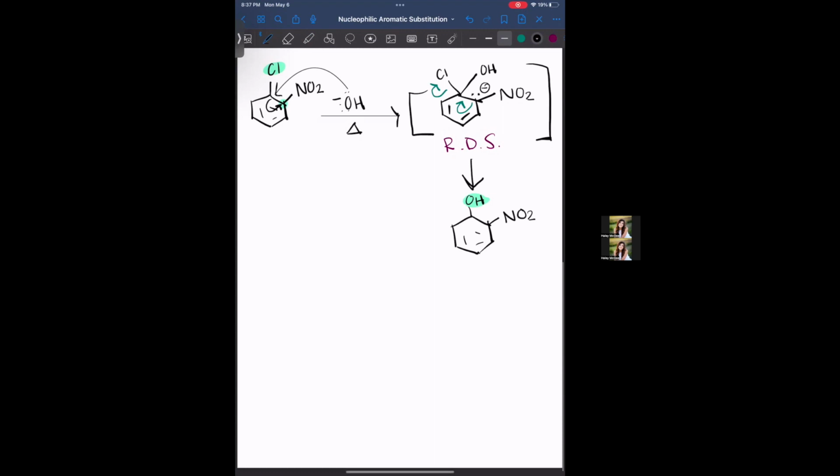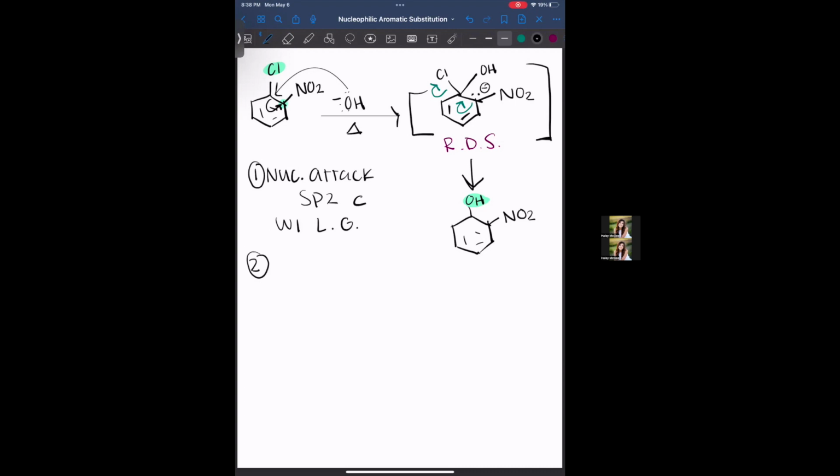So just a recap. The 3 steps are: 1, the nucleophile is going to attack the sp2 carbon with the leaving group.